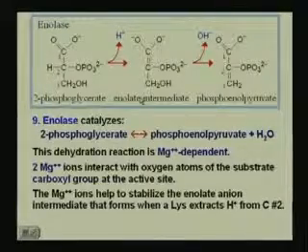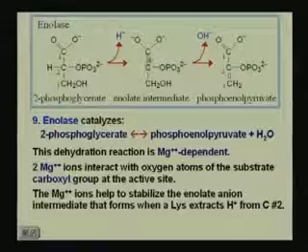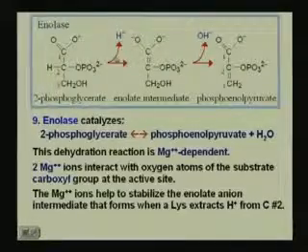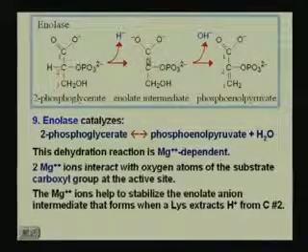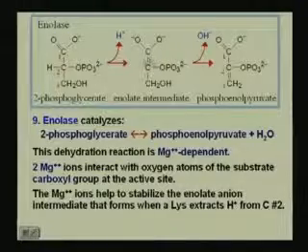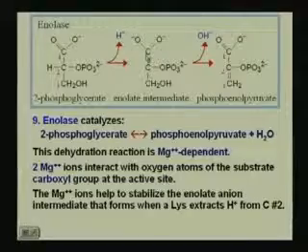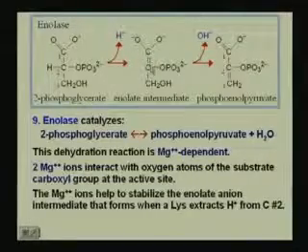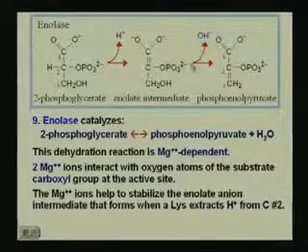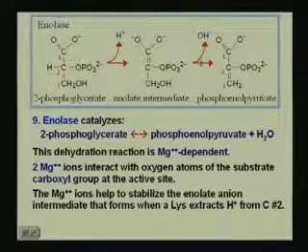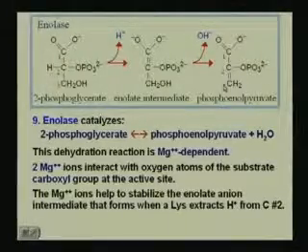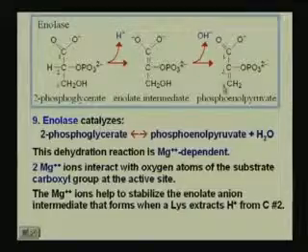After 2-phosphoglycerate, we have now an enolate intermediate. What is that enolate intermediate? It has formed, with the loss of H plus here, a double bond at this position between carbon atoms 1 and 2. Then with the loss of OH, we have a double bond between carbons 2 and 3.